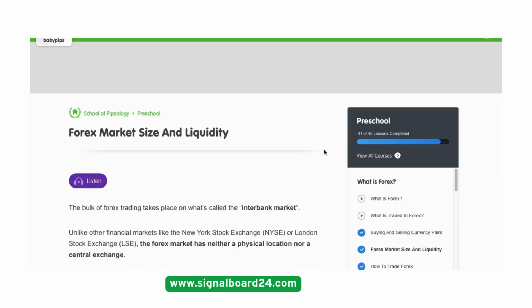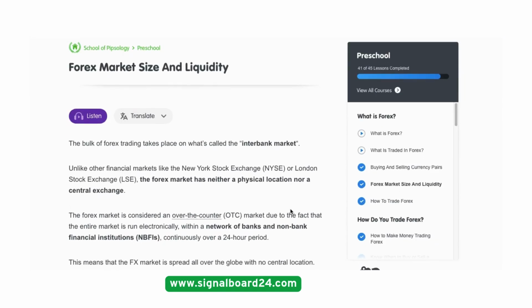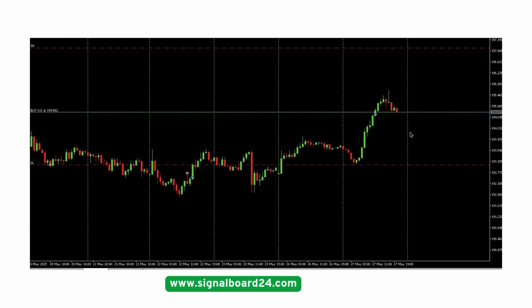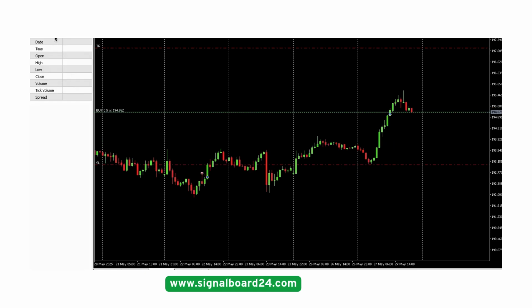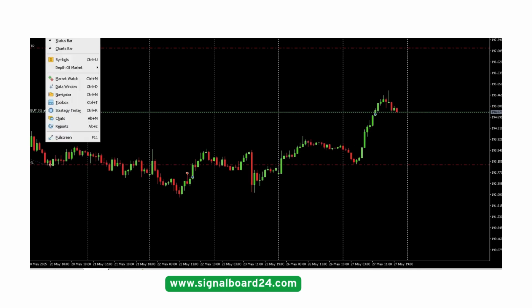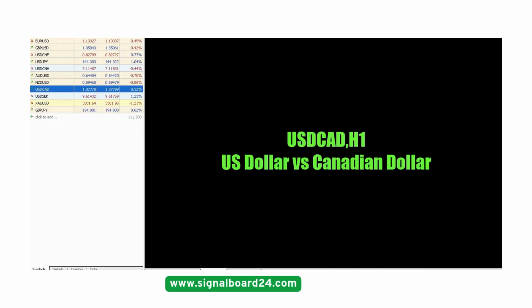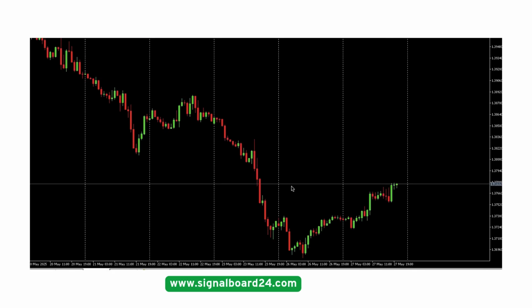Then we need to have a size for what we're trading. Let me give you an example. I am looking at USD CAD, the United States dollar versus the Canadian dollar.